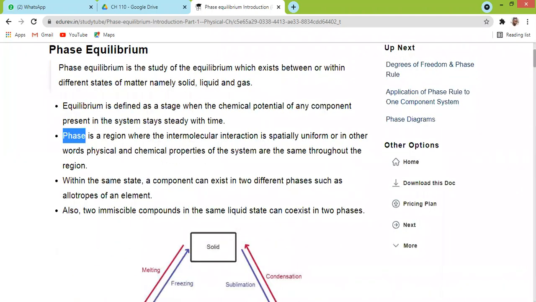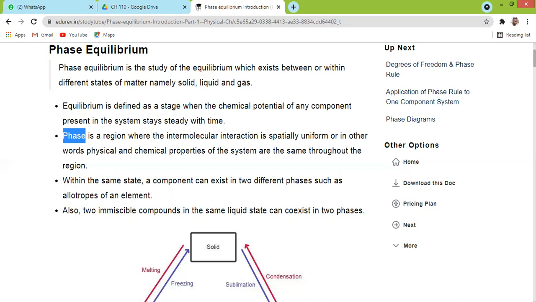So within the same state, a component can exist in two different phases. Say you are in a solid state. When you are looking at just a solid state, it can exist in two different phases. When two different solids are combined to form one solid, they will be two different solids combined together.